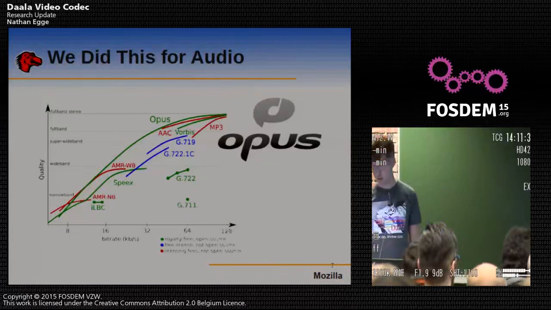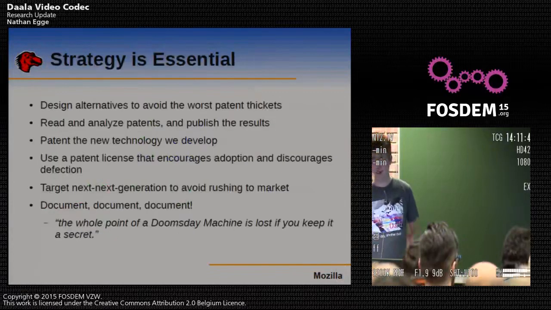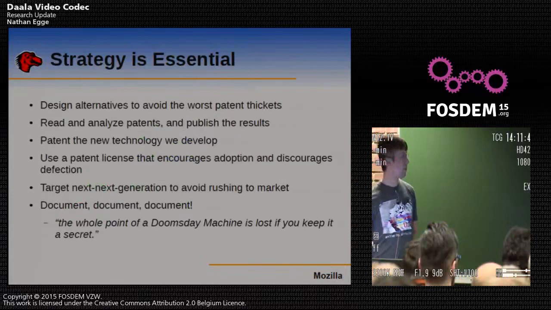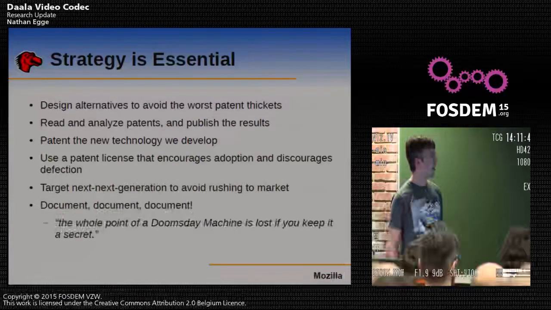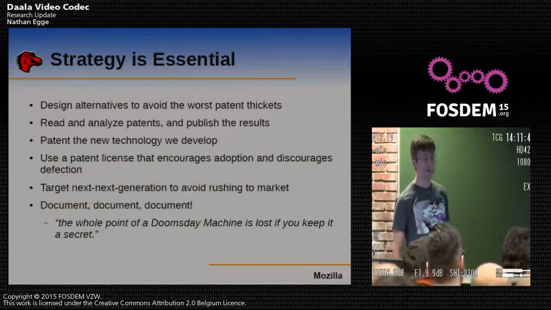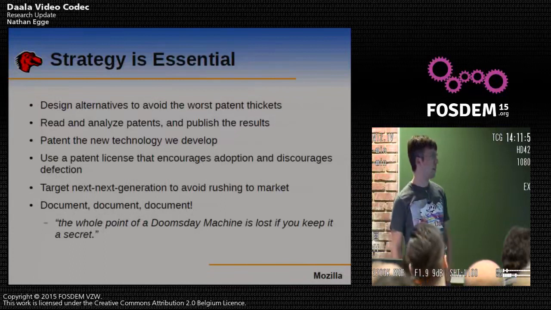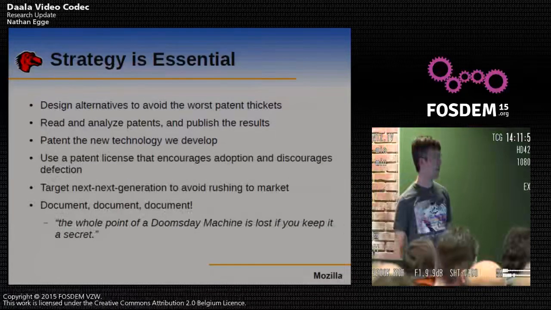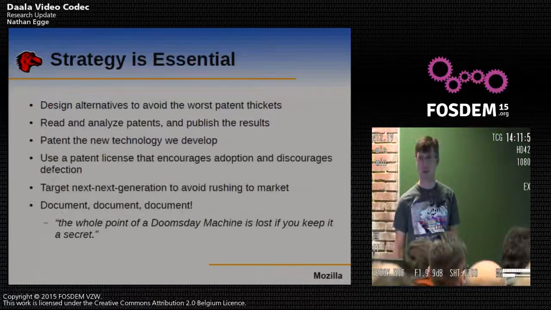And so what we want to do is the same sort of thing. But the strategy is essential here. These things are necessary for us to be successful in deploying a royalty-free video codec. We need to design alternatives to avoid the worst patent thicket. It's not enough to just avoid existing known patents and work around them.